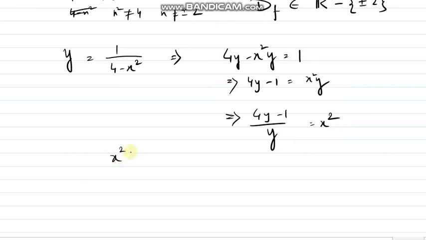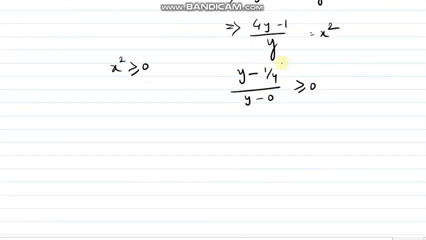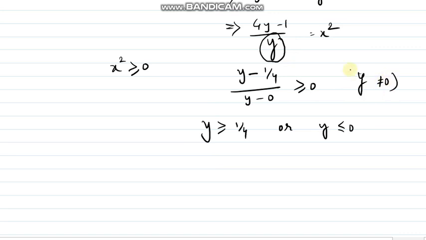As we know, x square is greater than or equal to 0. So from there can we write this, with y minus 0, greater than or equal to 0. So from here y will be greater than or equal to the larger number, or y is less than or equal to the smaller number, but again y is in the denominator, so y cannot be equal to 0.